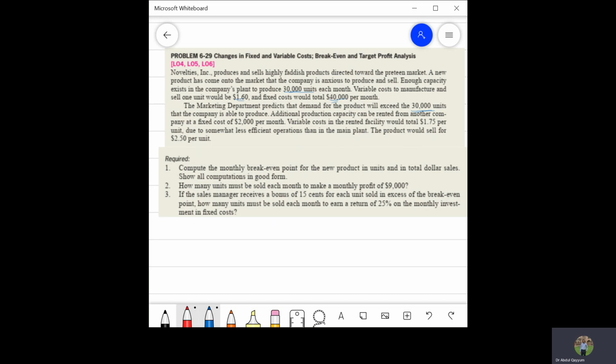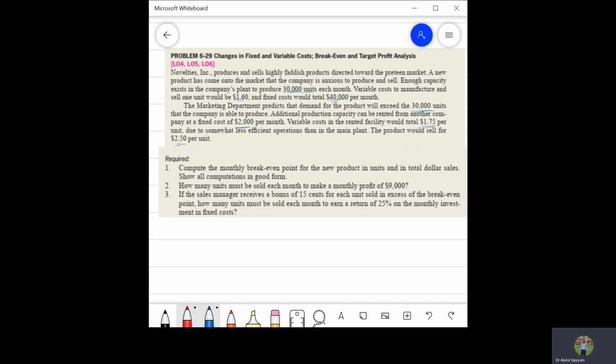Additional production capacity can be rented from another company at a fixed cost of 2,000 per month. Variable cost in the rented facility would total 1.75 per unit due to somewhat less efficient operations than in the main plant. The product would sell for 2.50 per unit. So let's see the requirement.